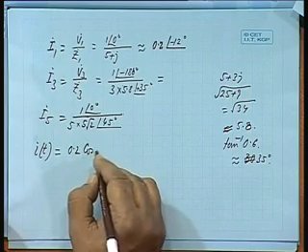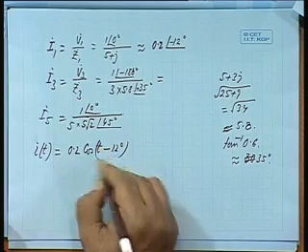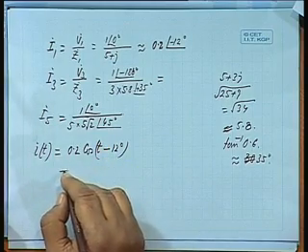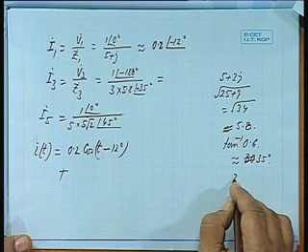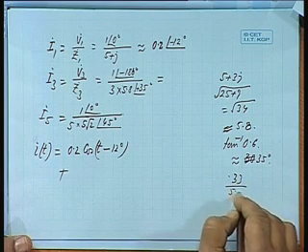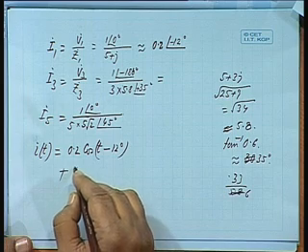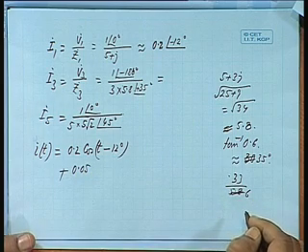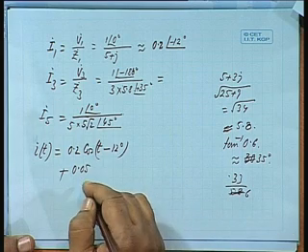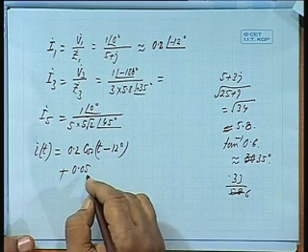Therefore, IT can be written as a superposition of these components: 0.2 cosine t minus 12 degrees, plus 1 by 3 by 5.8, so approximately 6, so 0.05.